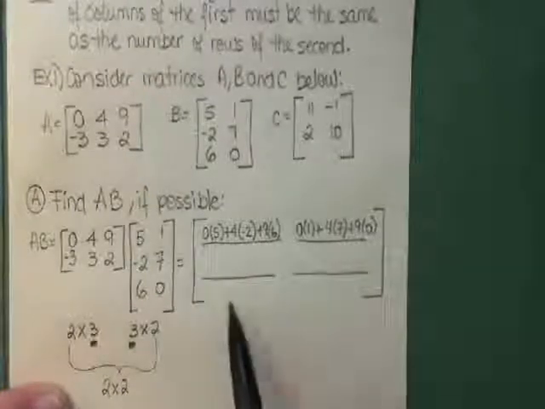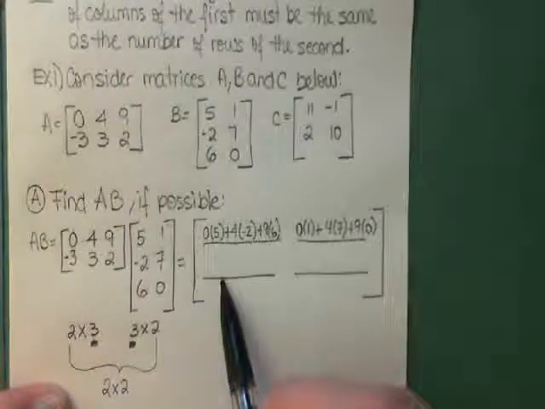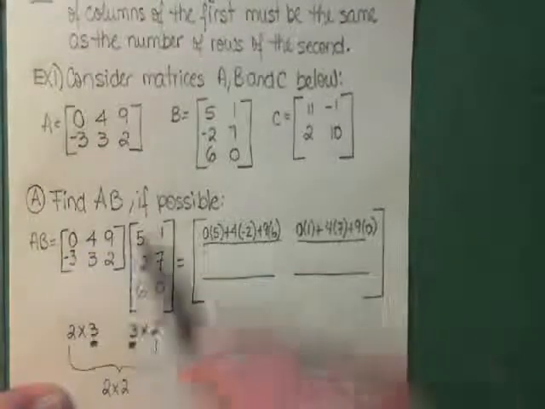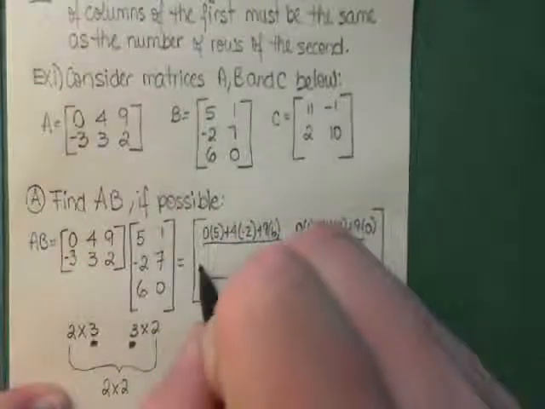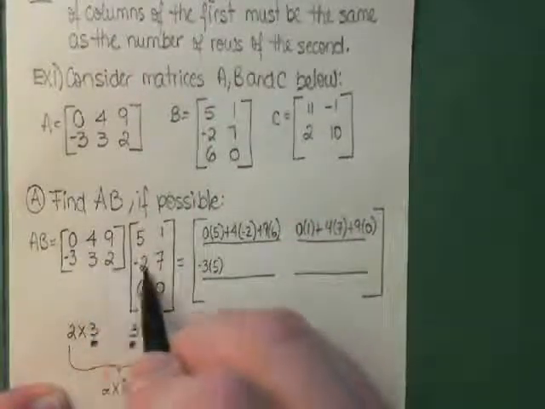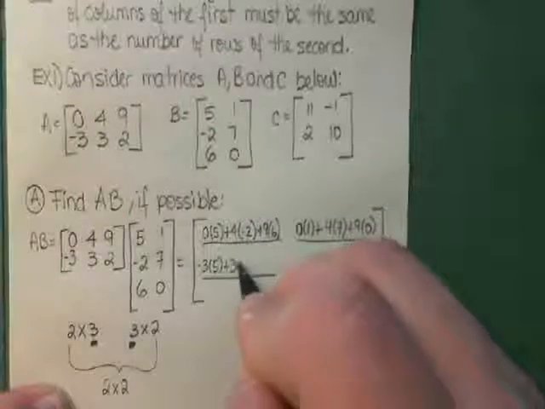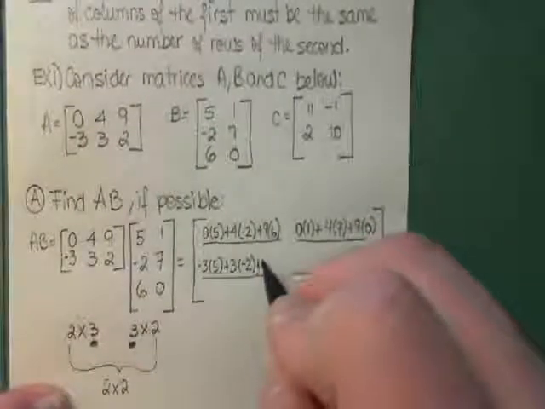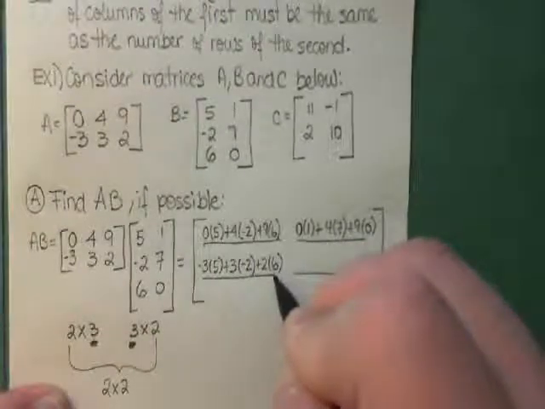Alright, now I'm ready for address 2,1. So row 2, column 1, so negative 3 times 5, 3 times negative 2, and then 2 times 6.